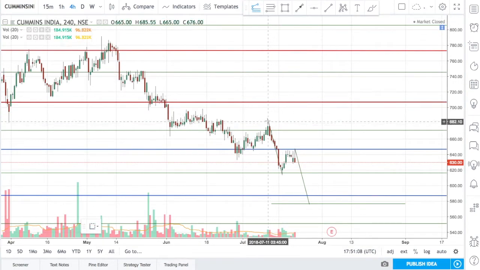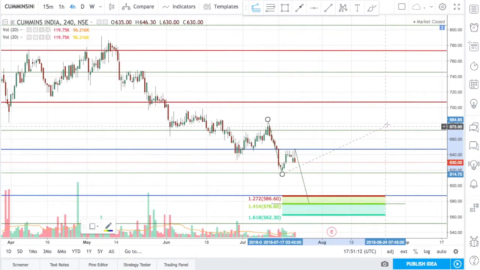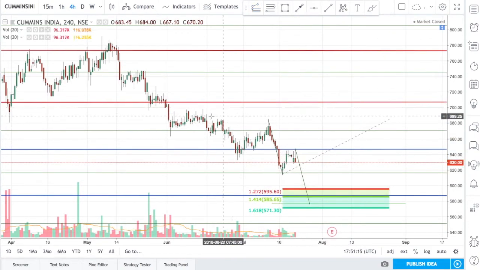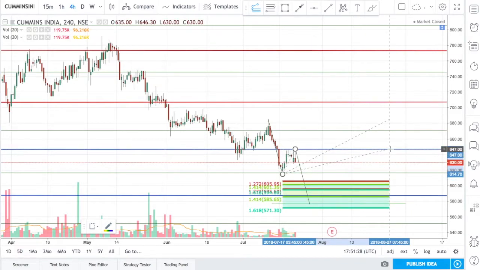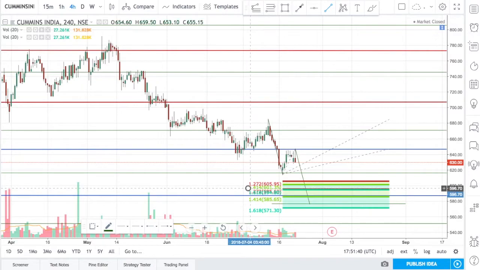Next, fib confluence. Let's see if we can get any fib confluence. As you could see here, this point here is a confluence point.